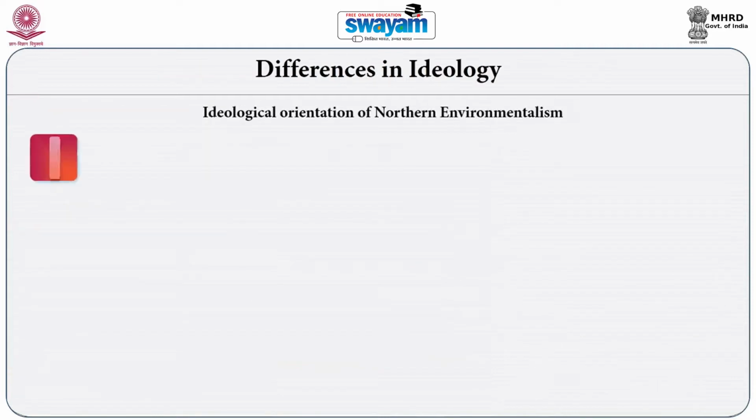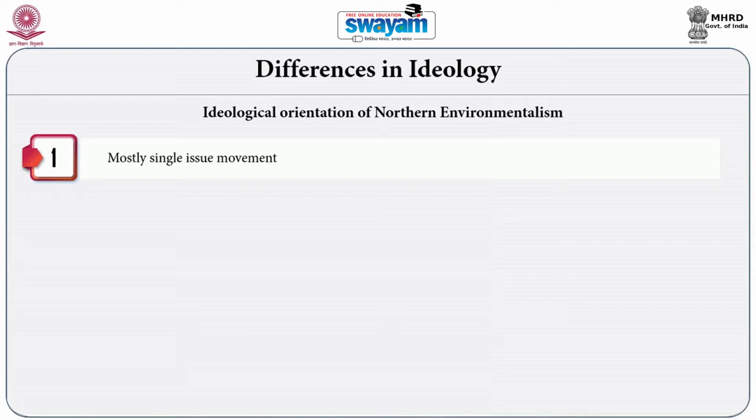Thirdly, let us discuss the difference in terms of origin. As I told, environmental movements or environmental ideas in the global north and in the global south are different with respect to their ideological commitment, or ideological orientations. The ideological orientations of northern environmentalism may be understood in this way: these are mostly single issue movements. As I started my lecture today, environmental movements in the global north mostly revolve around the issues of pollution.